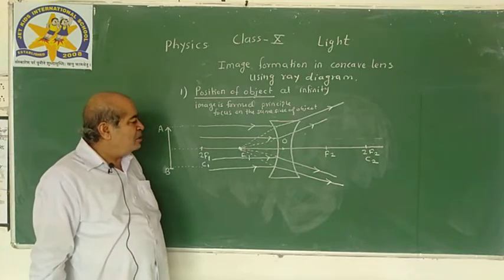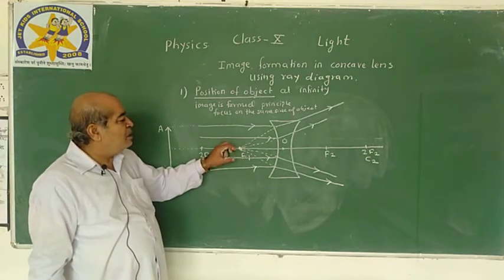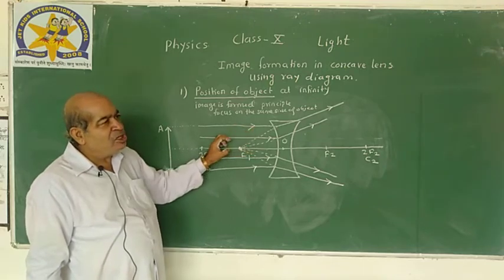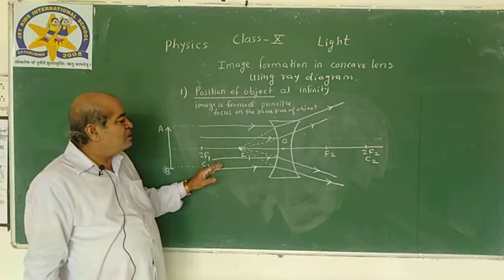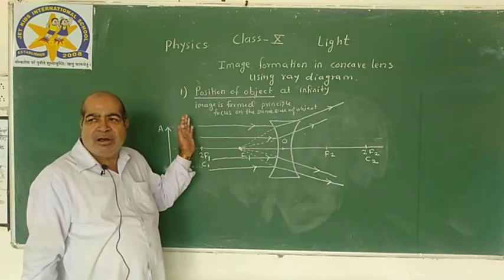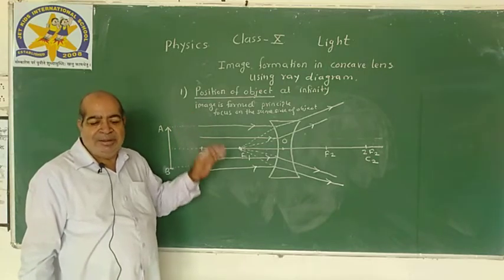Virtual because the image is obtained due to the extension of the rays. Thus, this is the first position of the image for the object at infinity.